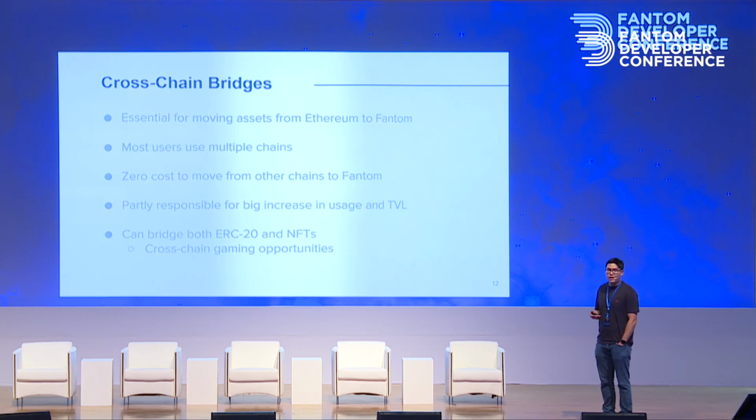And of course, another important aspect of the ecosystem we need to mention is cross-chain bridges. They're essential for moving assets across different chains. These are essentially third-party custodians. We've seen a lot of people move their assets from other chains, such as Ethereum, onto Fantom, and this allows people to engage in the Fantom decentralized finance ecosystem.